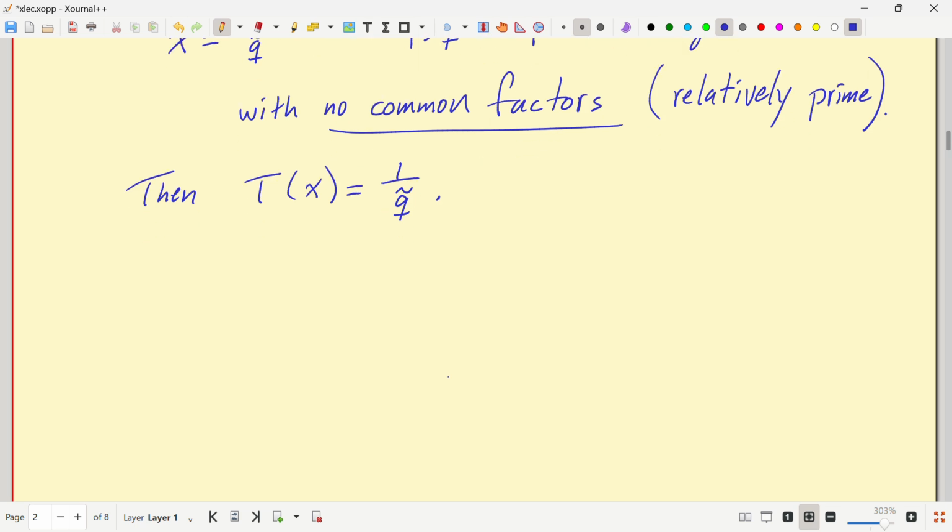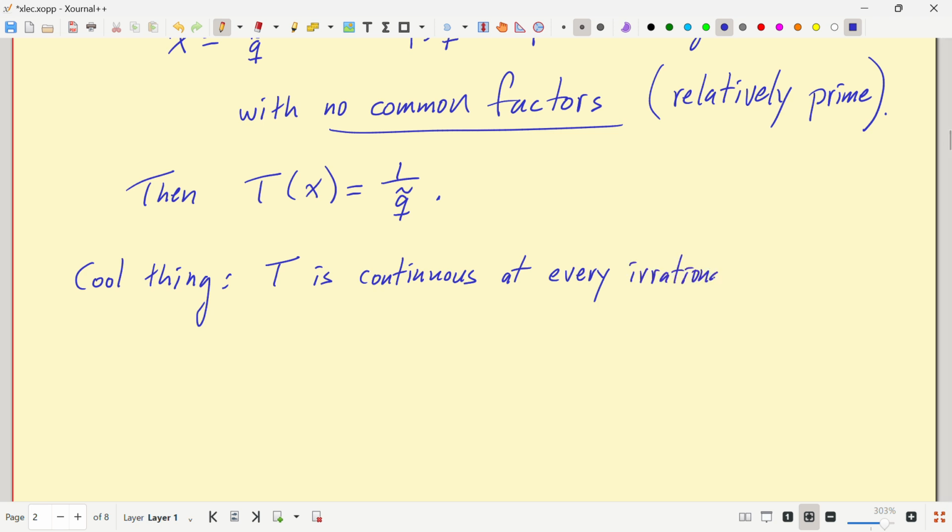So the book writes that out carefully, but here's a cool thing. T is continuous at every irrational point in [0, 1] and discontinuous at every rational point.